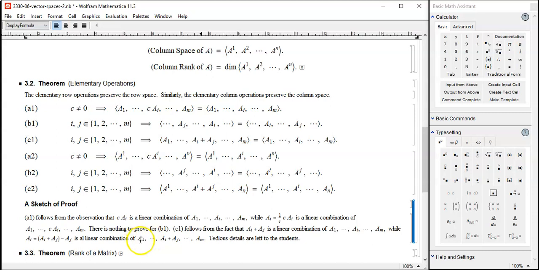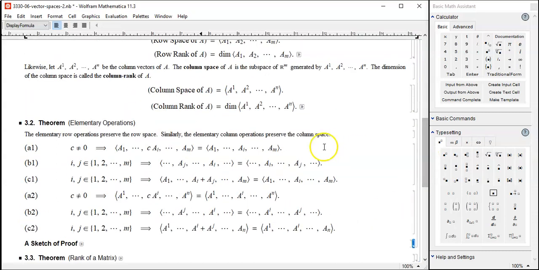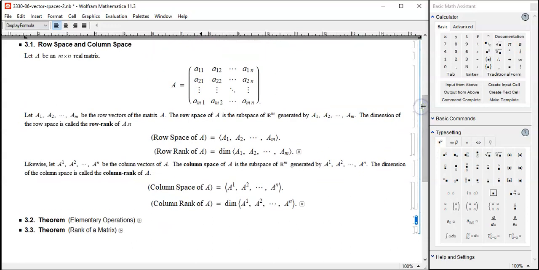So it can be written as a linear combination of these. So every generator is a linear combination of the other and vice versa. So we are talking about the same subspaces. Exactly the same kind of proof goes over to elementary column operations and column spaces. So they preserve row spaces and column spaces, consequently row rank and column rank. Tedious, but it's easy to see.